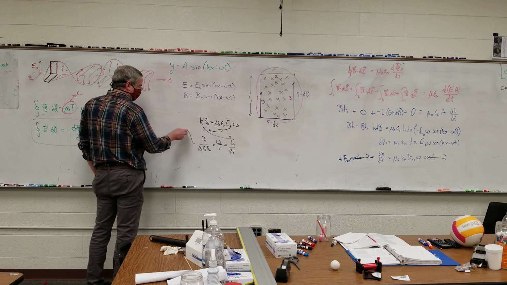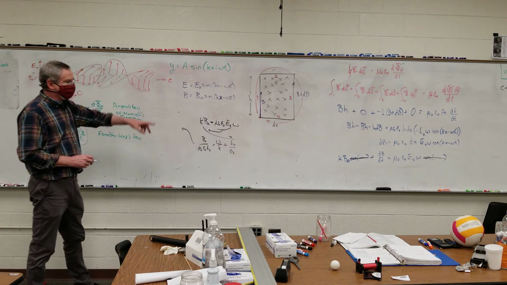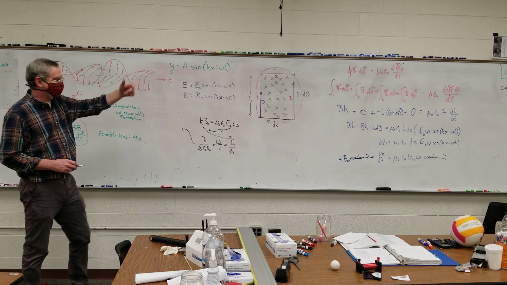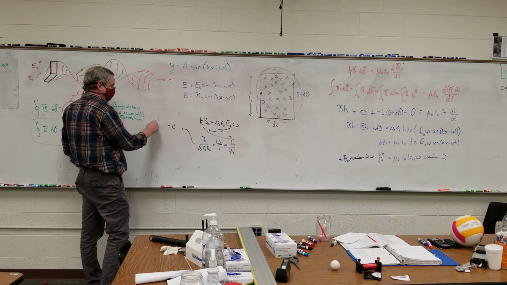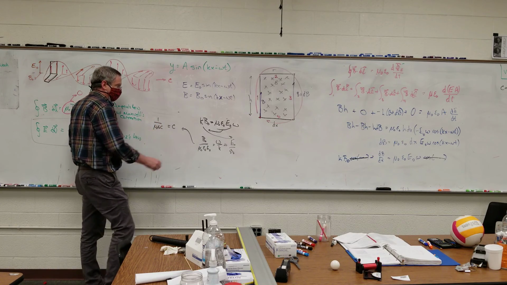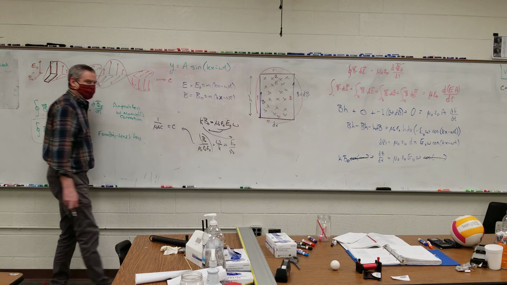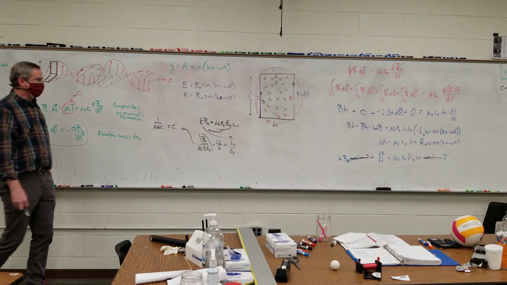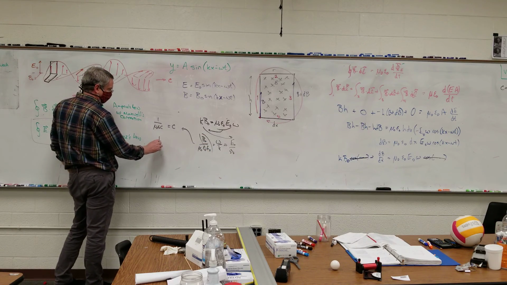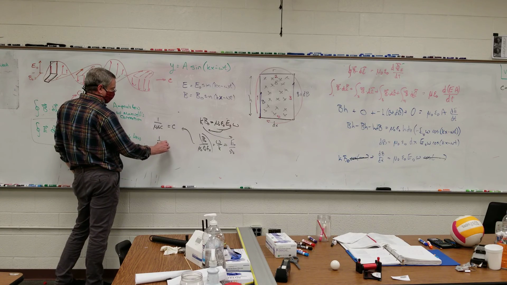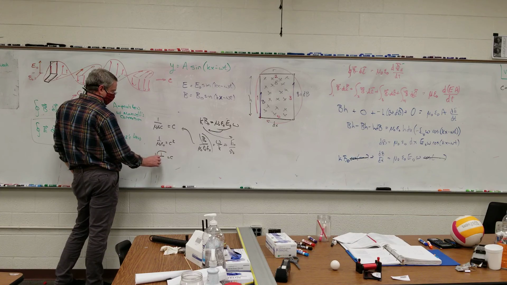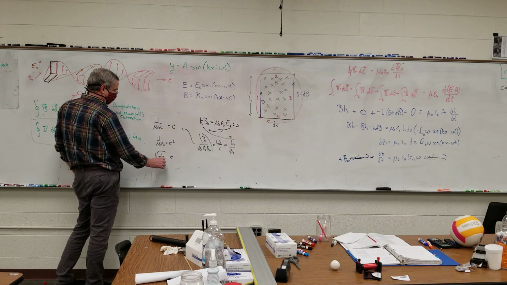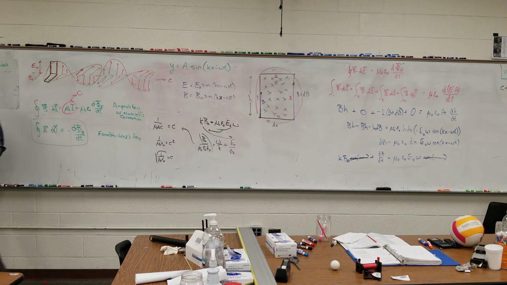At this point, it's just a tiny little math problem. I know E naught over B naught is the speed, which I'm just labeling as c. And over on the other side, it'd be 1 over mu naught epsilon naught c, because I've got basically the reciprocal of c right there. Multiply both sides by c, I get 1 over mu naught epsilon naught is equal to c squared, or c is the square root of 1 over mu naught epsilon naught. And that's the equation I wrote on the board last week.